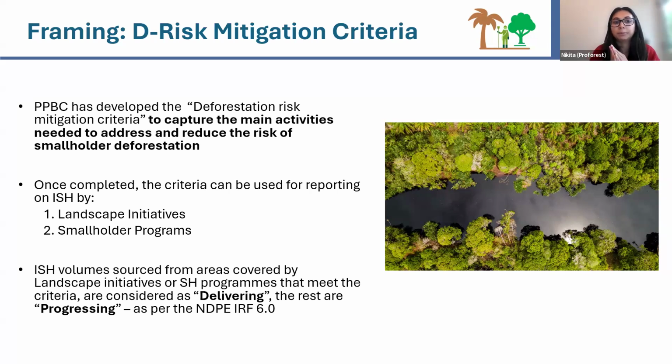At the moment, the criteria for landscape initiatives is almost completed, and there are links available in the public website as well. We'll go through the resources later. For smallholder programs, they're still under development and in a pilot phase. I can go into the timelines for when that will be ready later.